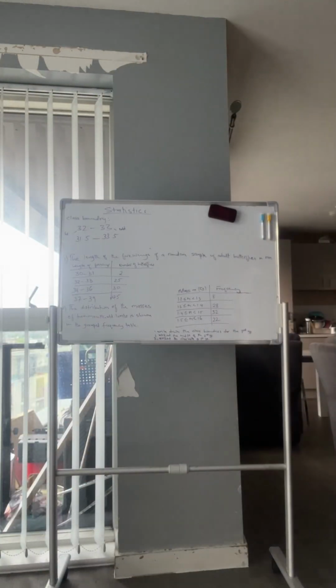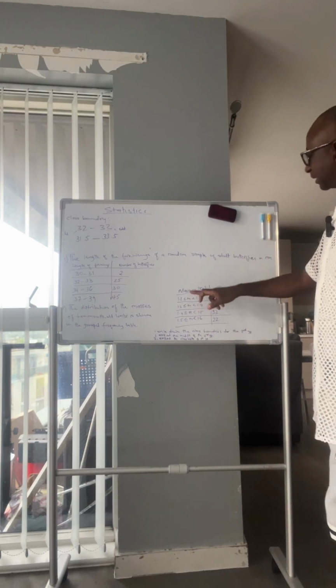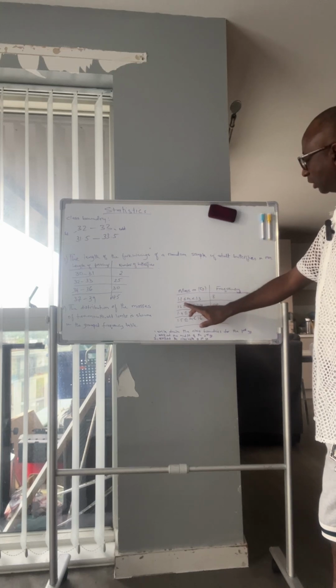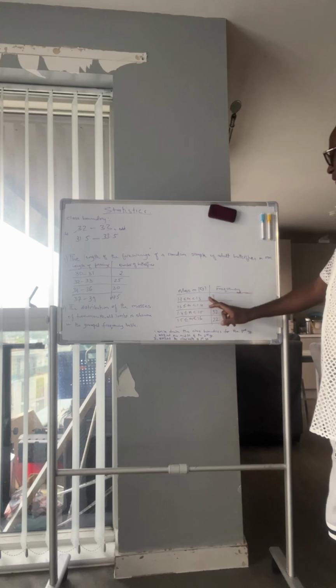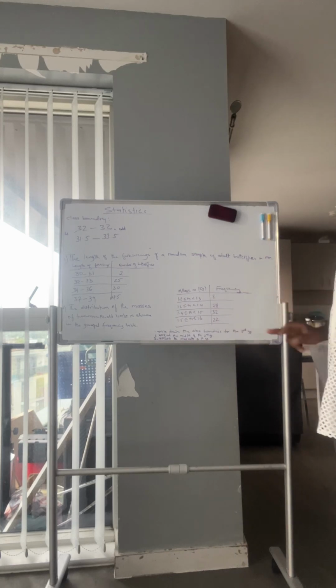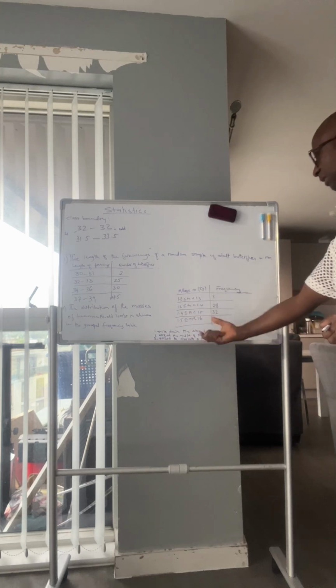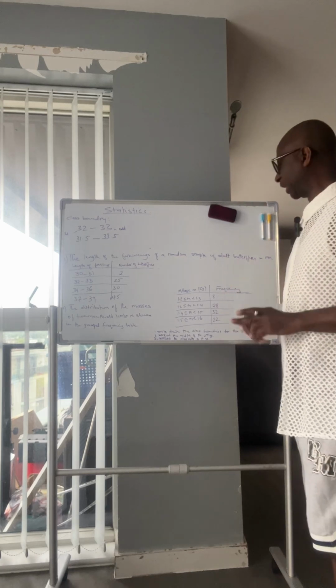Because it has an equality. 1.2, the mass m is equal to or greater than 1.2 but less than 1.3, and number of lamps 8, or frequency 8. If they ask you to find the class boundary of any of these ones here, you don't need to change anything.